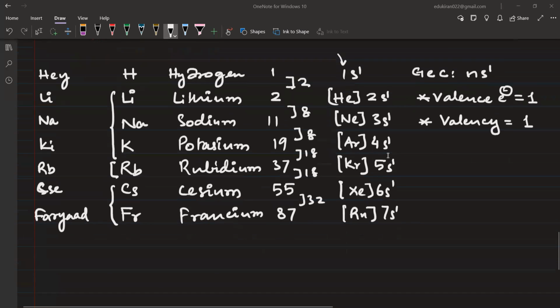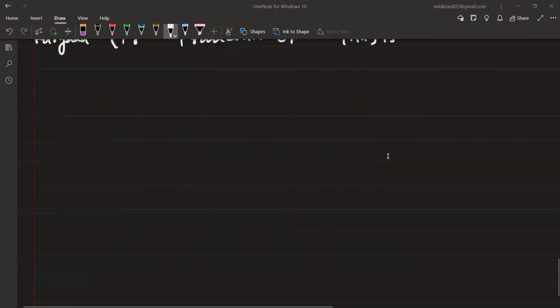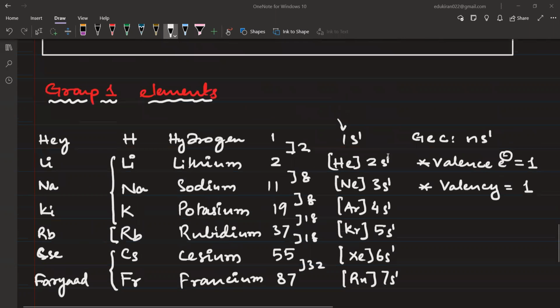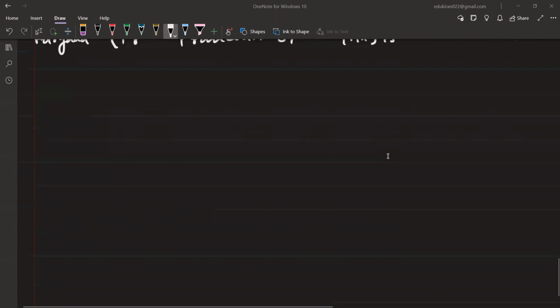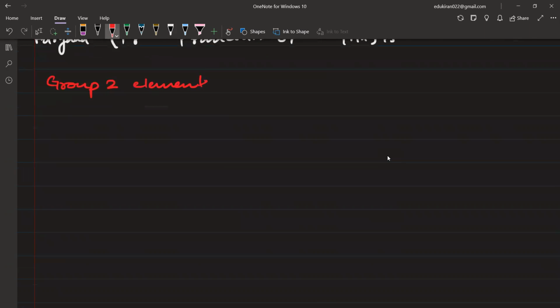Now write the group 2 elements. I hope all of you have written this, yes or no? Yes, sir. Group 2 elements are alkaline earth metals.